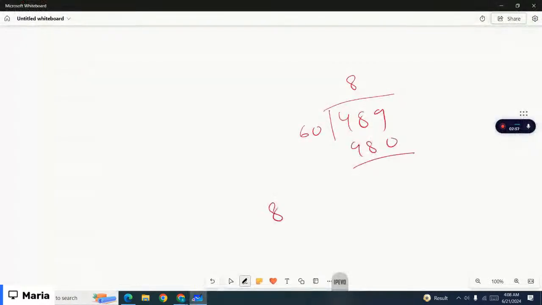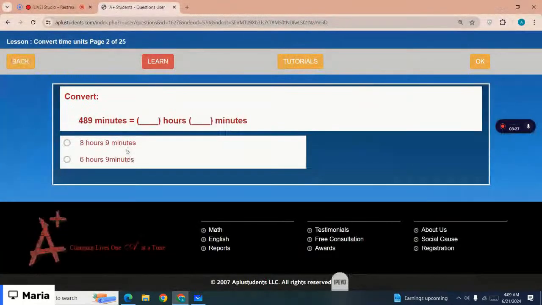So you have 8 hours, you still have 9. You have 8 hours and 9 minutes. When you have to convert from minutes to hours, you have to divide. So that would be 8 hours and 9 minutes. The correct option is 8 hours and 9 minutes. Option number 1 is the correct option.